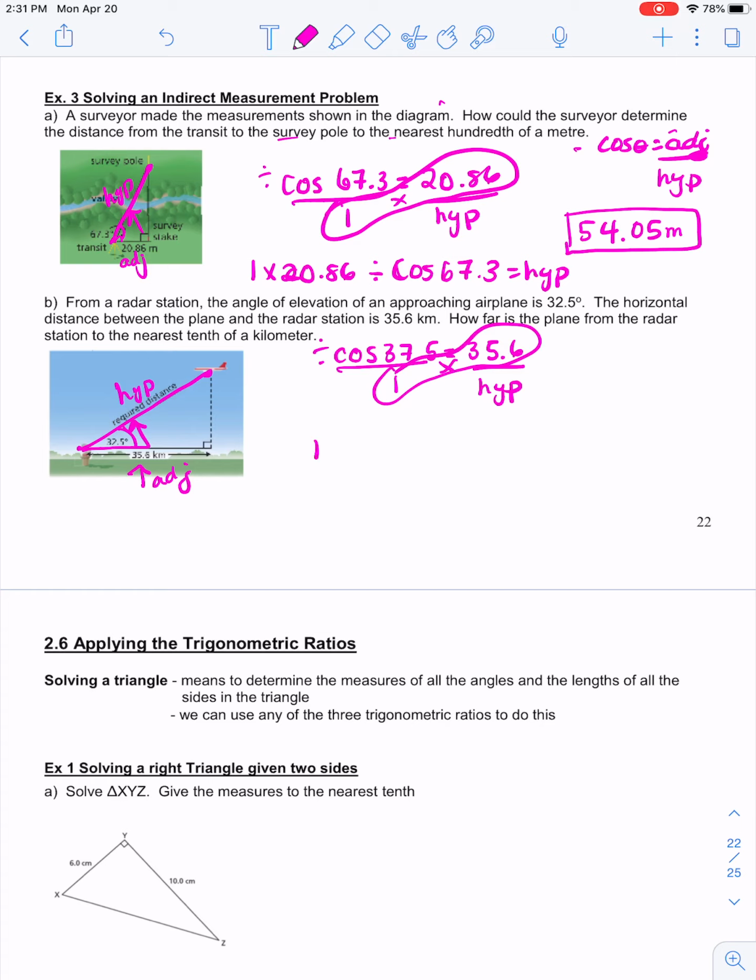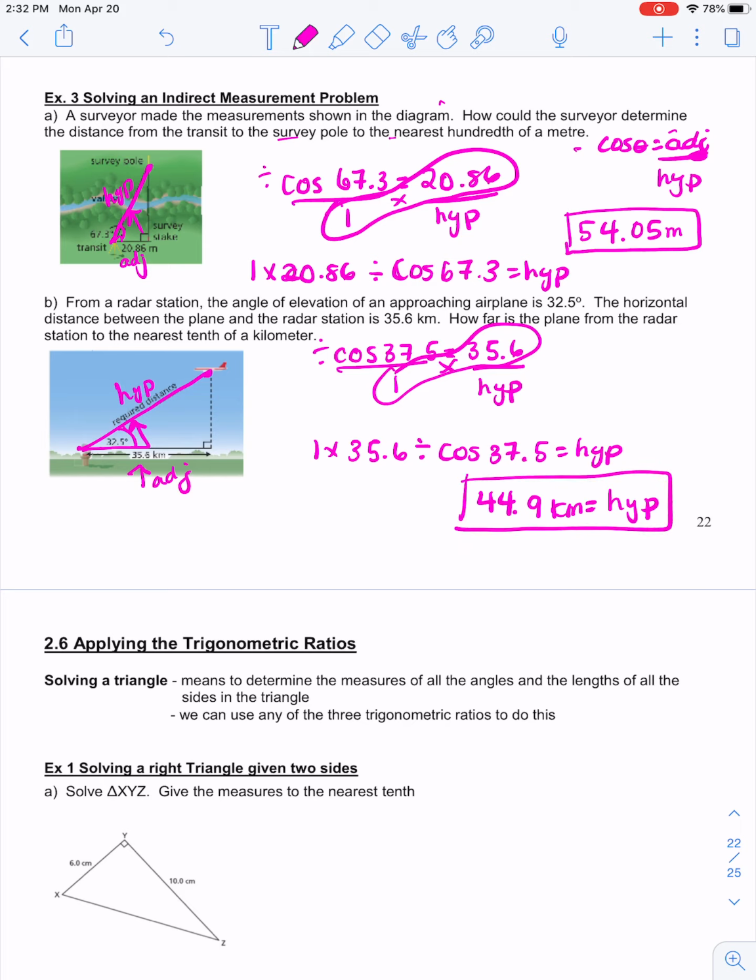So in my calculator, 1 times 35.6, divided by cos 37.5, is equal to my hypotenuse. Remember, 1 times anything is just itself. I get 44.9 kilometers is equal to my unknown length, my hypotenuse. So that's the length that I want. Okay, that's it.